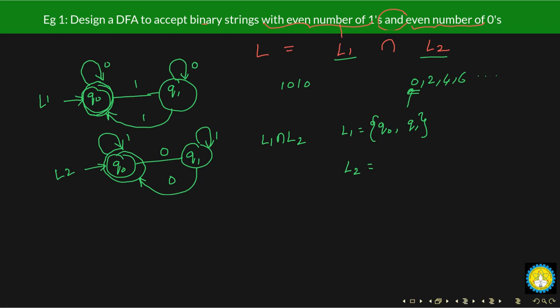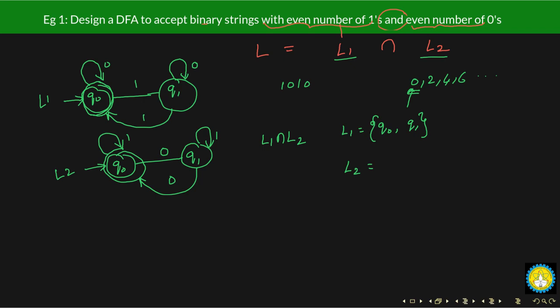I have to do a different numbering here to avoid confusion, because Q0 and Q1 are already used. So let me use Q2 and Q3 here.